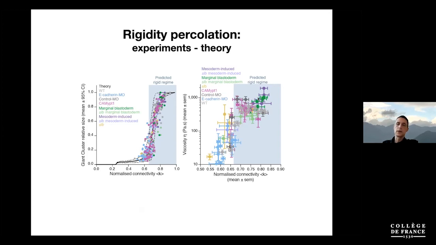And she found always this transitory behavior where when she goes below a certain value of connectivity, the critical point, the tissue is essentially fluid, and if she goes above, the tissue is rigid. So that was very nice, because it showed that independent of the specific experimental perturbation Nicoletta induced, the critical point remained the same. The tissue behaved exactly as predicted by these connectivity maps.